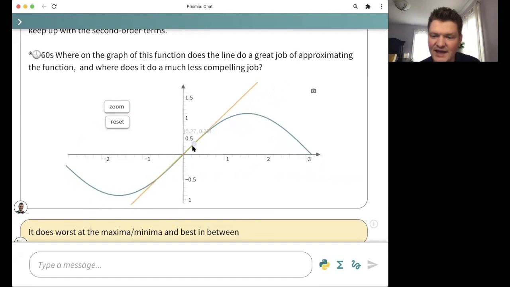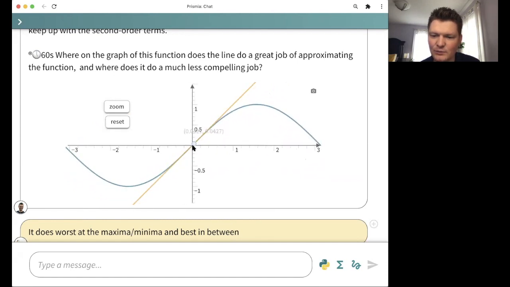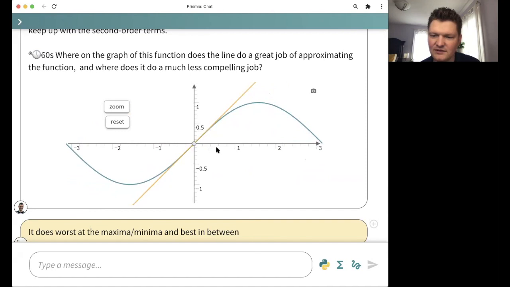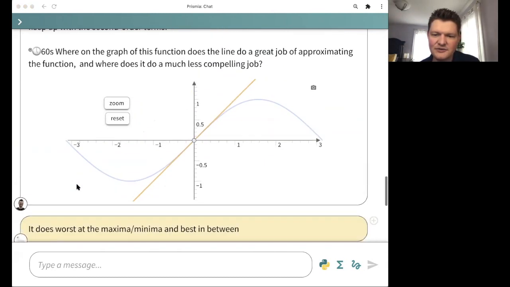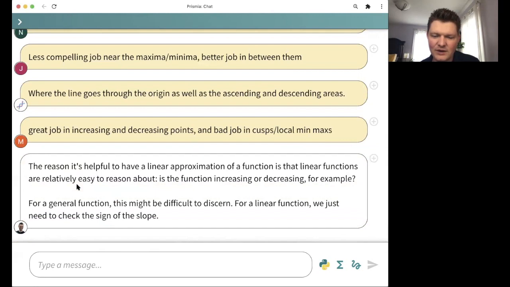The reason for that is when you click the zoom button, you want it to be centered in the right spot so you don't lose the dot. But anyway, you see you have to go much farther to see some white space in between the graphs. So it's clearly fitting much better here and not as well up at the top.